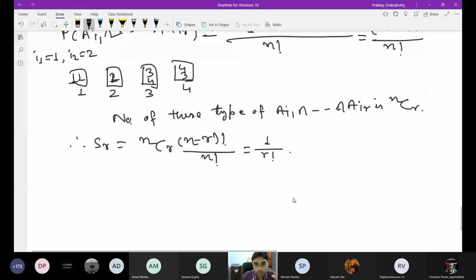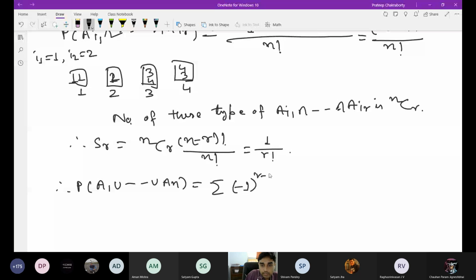Is this okay to all of you? I hope so. So P of A1 union An is equal to summation of minus 1 power r minus 1, r equal to 1 to n, S_r. This is minus 1 power r minus 1, r equal to 1 to n, 1 by r factorial.